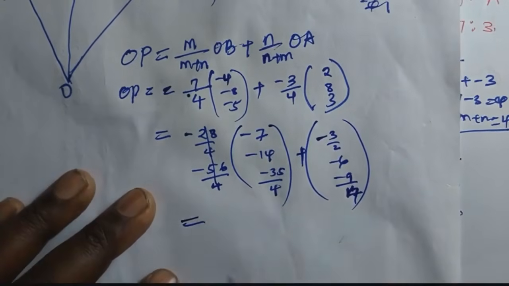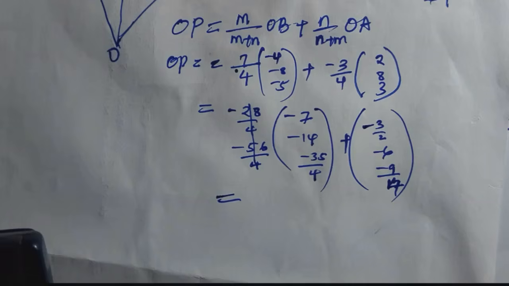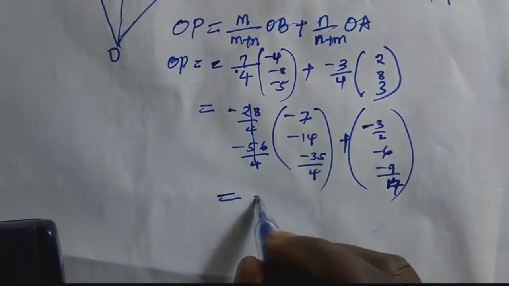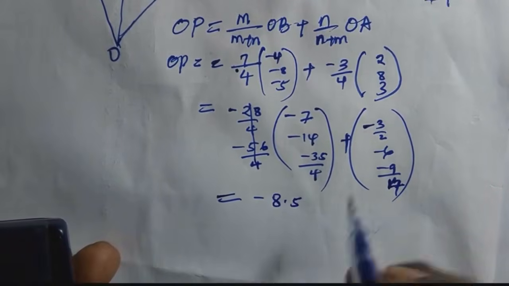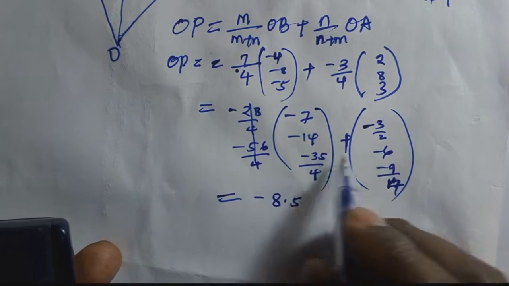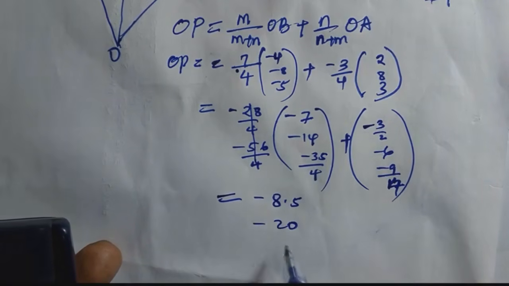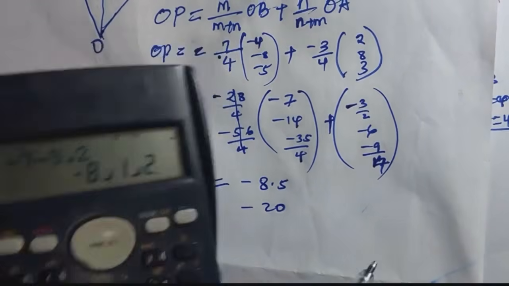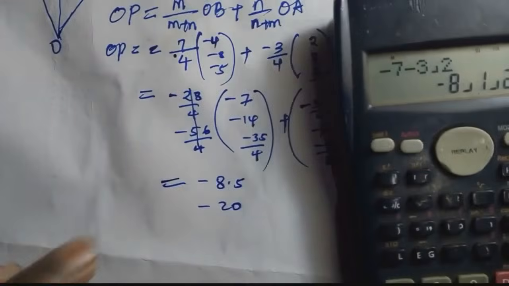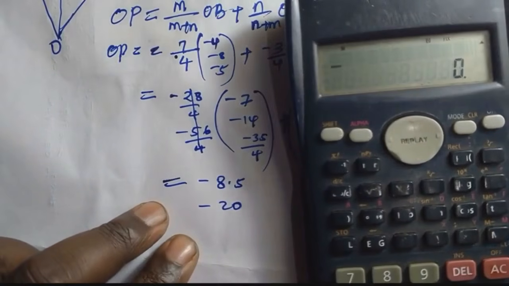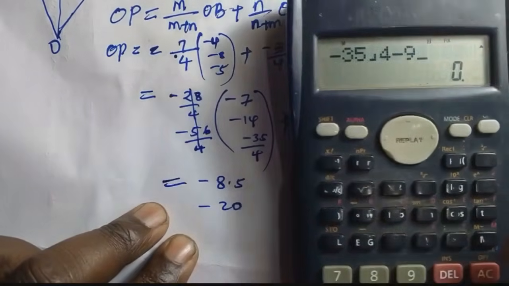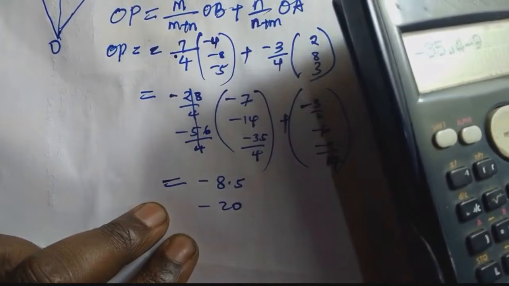So now we can add and see. Negative 7 plus negative 2 over 3, the answer is negative 8.5. Negative 14, negative 6, the answer is negative 20. Now you press your calculator. Negative 35 over 4 minus 9 over 4.